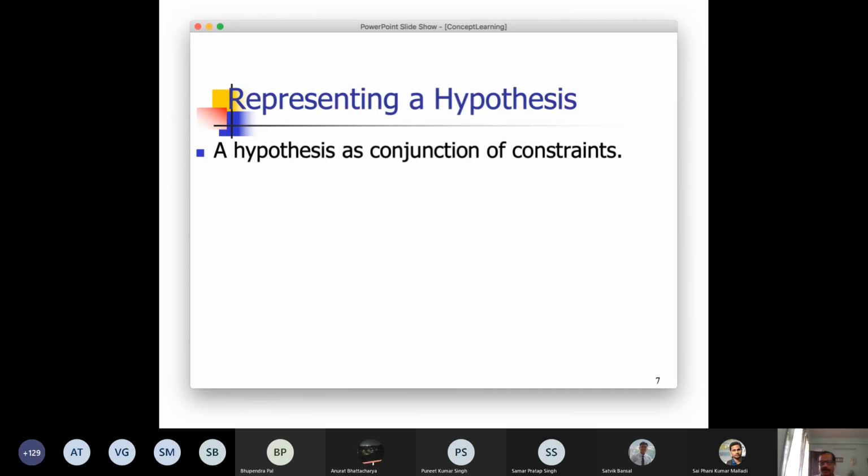The literals are formed from an attribute and a value from the attribute domain with the equality operation: attribute equals some value. That is your Boolean literal, your variable here. Either it is true or false. If it assumes that value, it is true. If it does not assume that value, it is false. That is the only form.